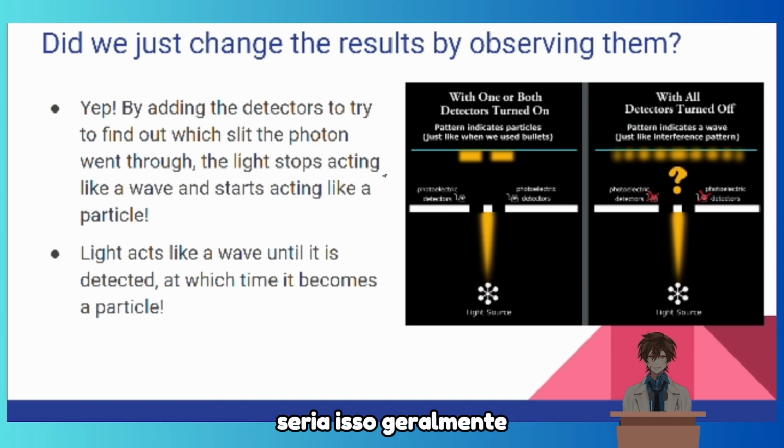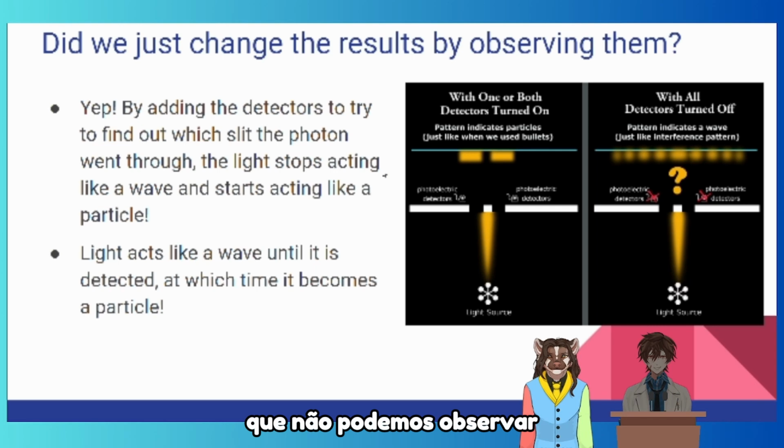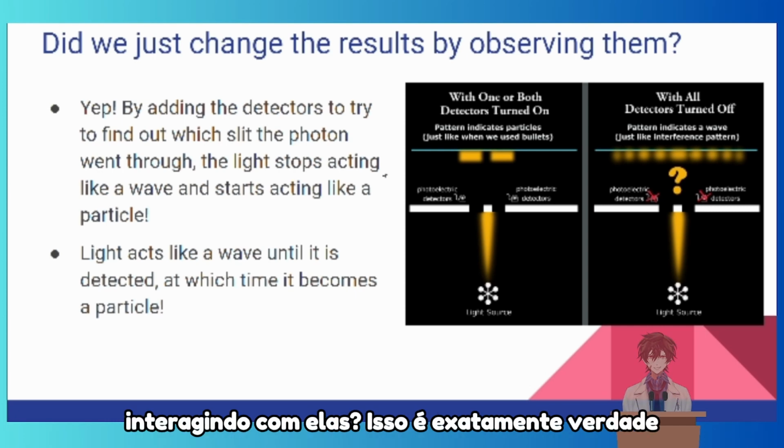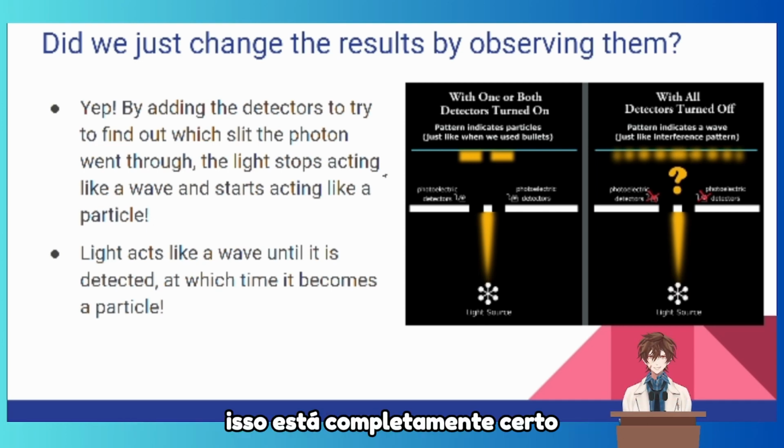Is that generally a proper assessment, that we cannot observe or measure quantum particles without fundamentally changing them, because the only way we can measure them is by interacting with them? That is exactly true. That's completely right.